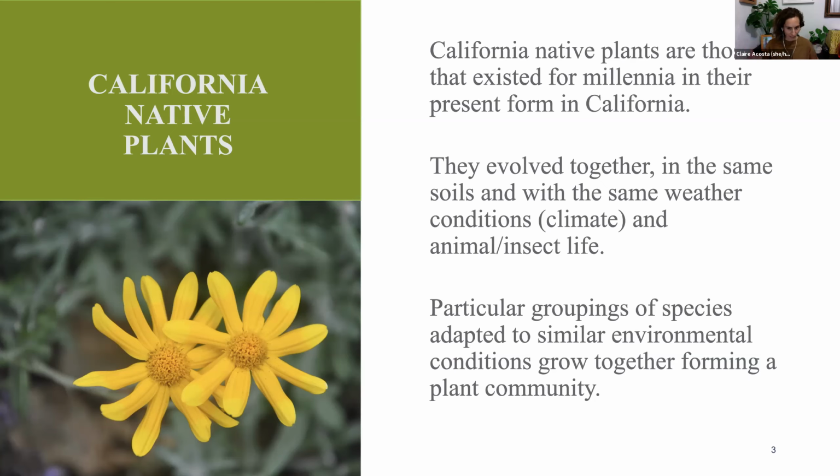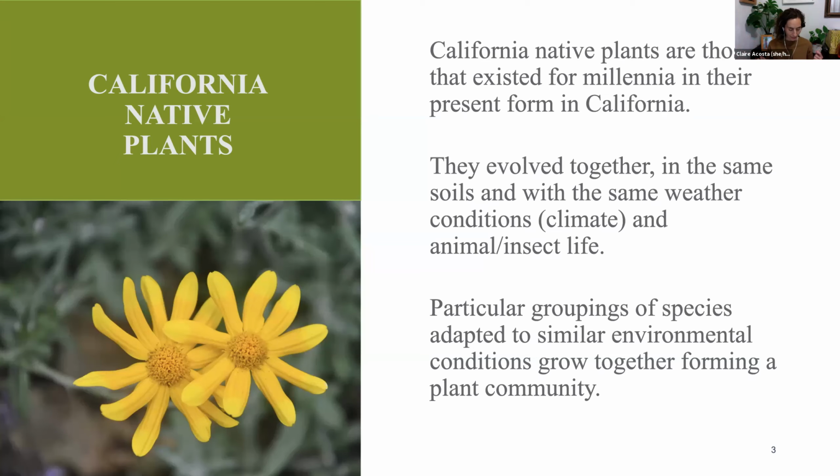I don't know if I mentioned that, but yes, of course, other plants they've co-evolved with as well. So they're really adapted to their locale, because California is very diverse. Northern California is really different from Southern California, and even every little micro pocket in there. So there's tons of diversity in the types of plants we see throughout California.